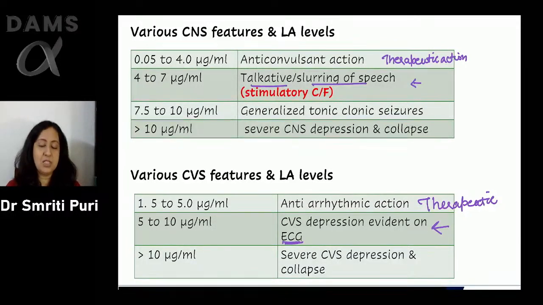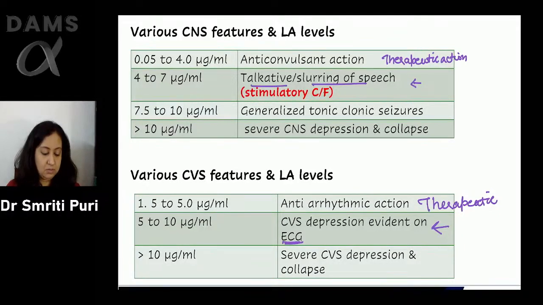That is the maximum safe dose of LA. Alright. Whenever we are talking in toxicity, we talk in microgram per ml. So I do not know what was given in the exam, whether it was milligram per kg or microgram per ml, but when we have to talk in terms of toxicity, we have to keep that in mind. We have to answer as per the toxicity.